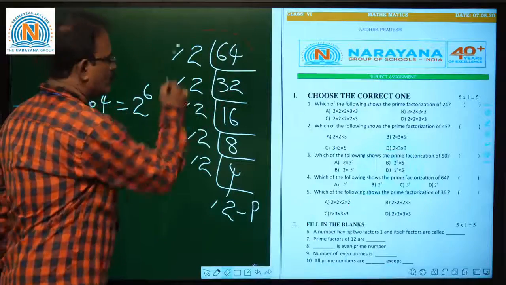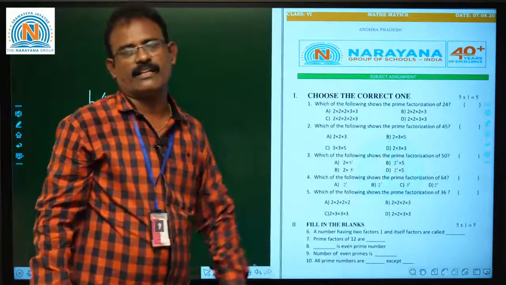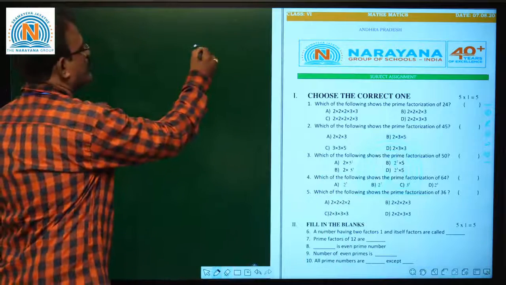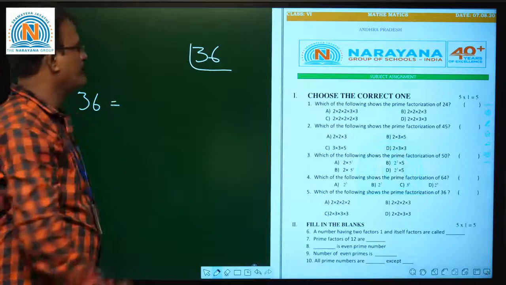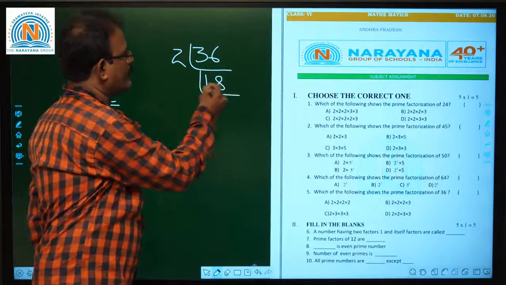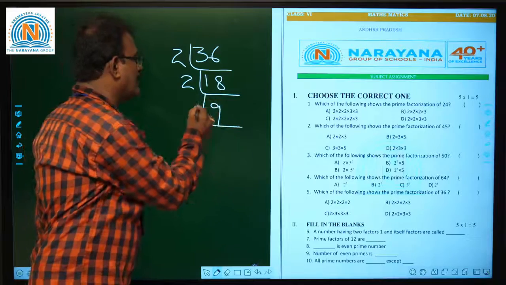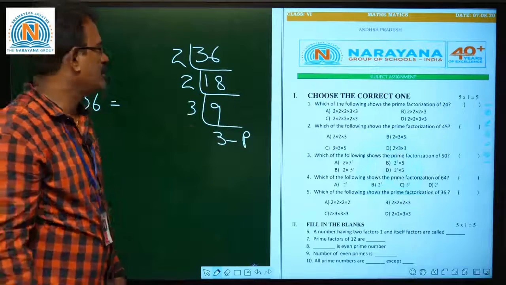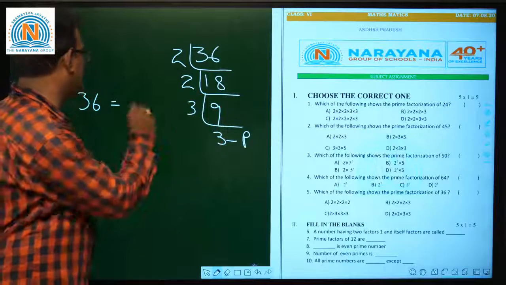If you go through the fifth question: which of the following shows the prime factorization of 36? If you consider 36, it is divisible by 2, 18 times, and 18 is divisible by 2, 9 times, and 9 is divisible by 3, 3 times. As 3 is a prime number, our process of expressing the given number as a product of prime factors is completed.